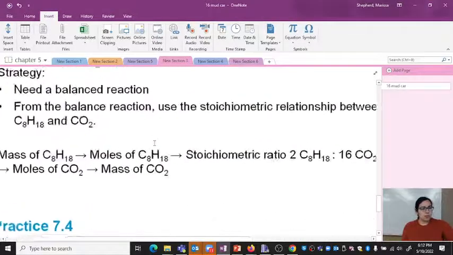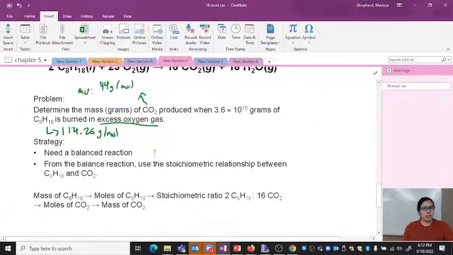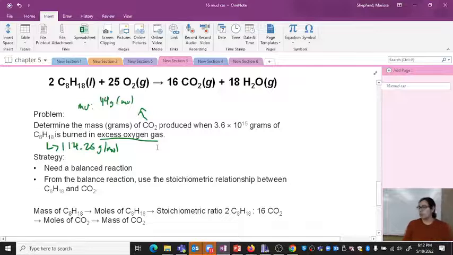What's our next step? What should I do? They gave us a balanced reaction at least, so that's good. We don't have to worry about that. So what do I do with this 3.6 times 10 to the 15 grams?